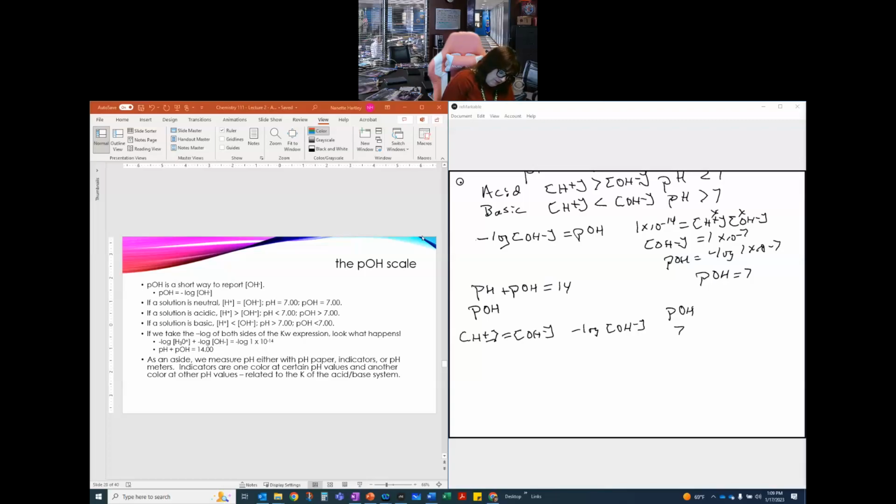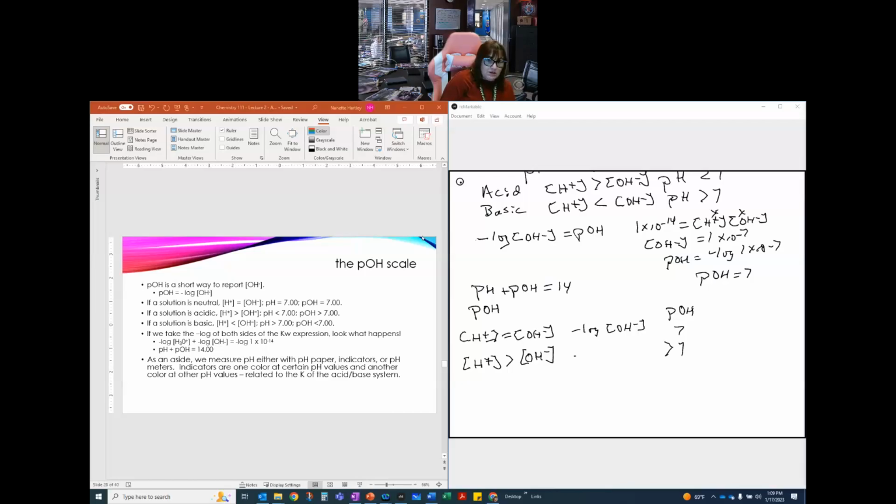is 7. If we're talking about something that's an acid, so the H plus is greater than the OH minus, if I take that negative log of the OH minus, the pOH is going to be greater than 7, and that's because the pH is less than 7.